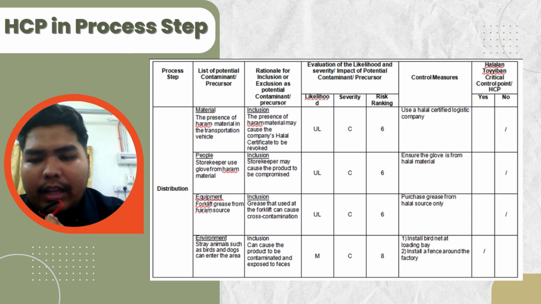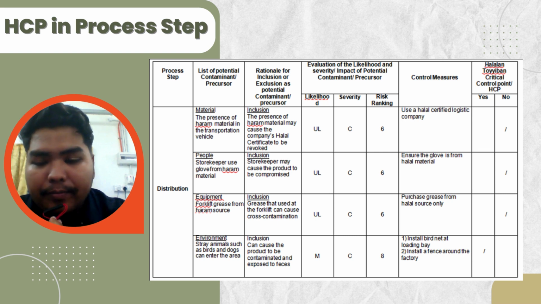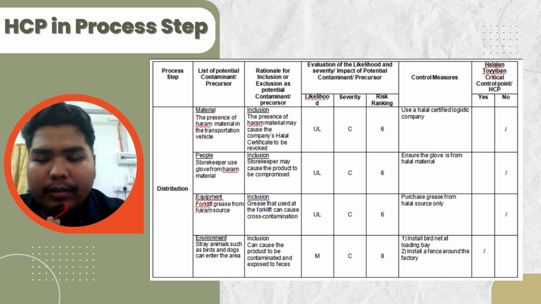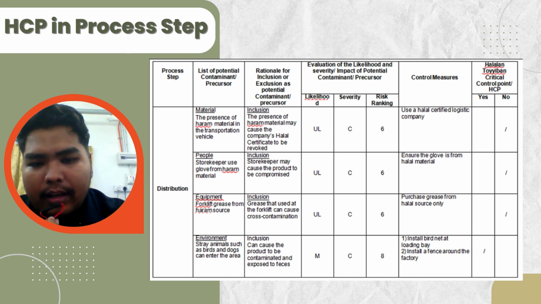For this, we can evaluate the likelihood and severity of this contaminant. For likelihood, we go to M, which is moderate, which is likely to happen more than once. And severity is critical, which means when this happens, it can affect our halal status and halalan toyyiban.